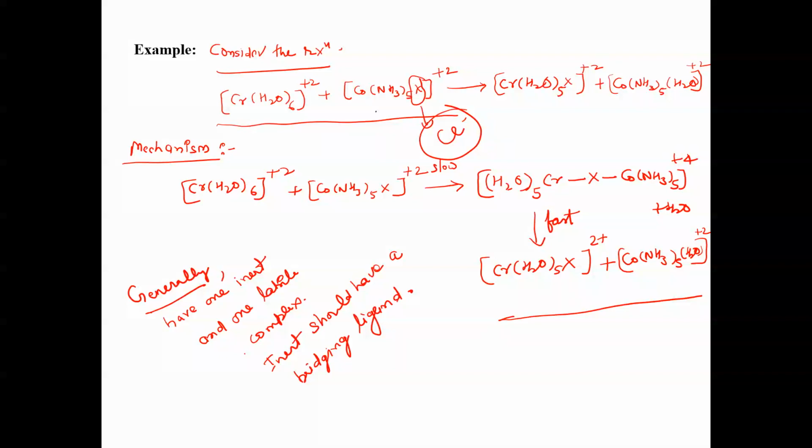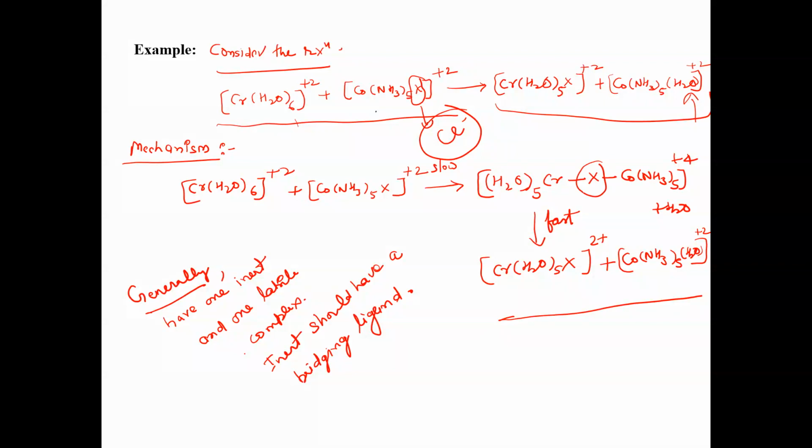In most cases it is halides that make the bridge. In the products, water is replaced by this X, and this water is added to this one. So in the mechanism, this X forms a bridge between the two complexes.